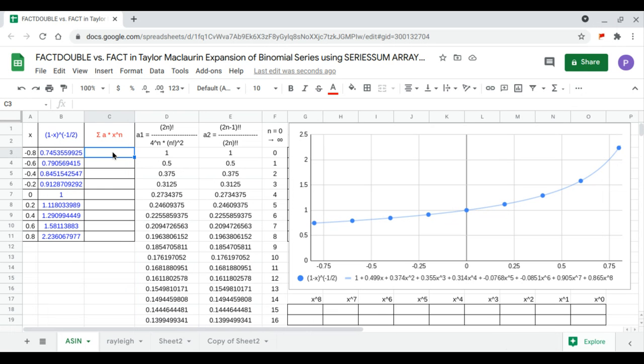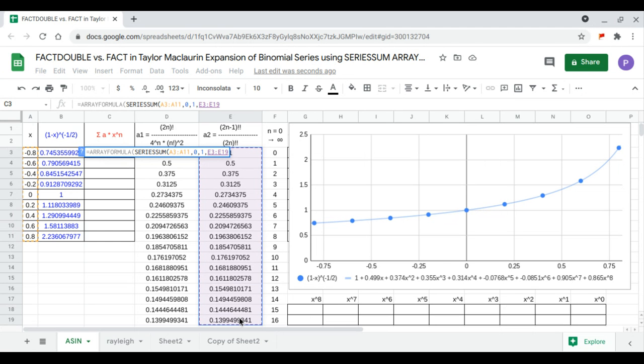Now we can continue with the expansion. So array formula, series sum of the x values raised to the power n, where n starts from 0, incremented by 1. And the coefficient will be, we can use the factorial double for now.